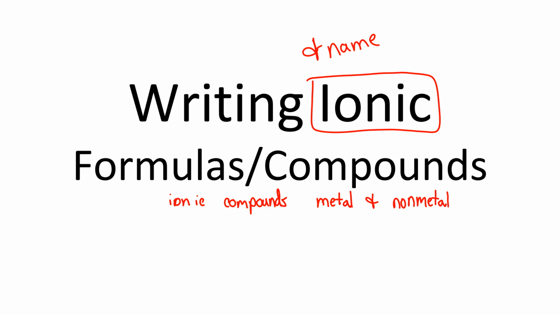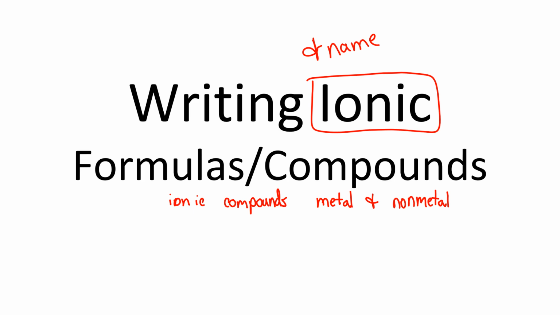From the previous chapter, we should be able to recognize, looking at the periodic table, if I write something down, which is the metal, which is the non-metal. If it comes from the left side of the periodic table, it's a metal. If it comes from the right side of the periodic table, it's a non-metal.